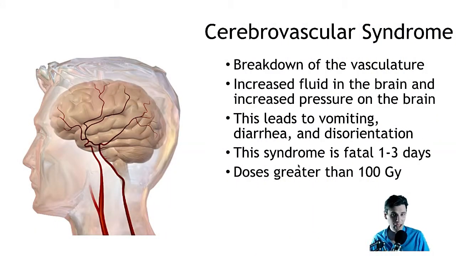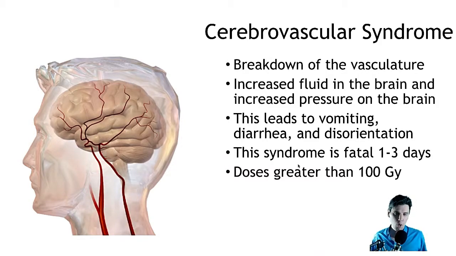Finally, the absolute worst of these cases, which is actually the least well known, is called cerebrovascular syndrome. Sometimes it's also referred to as central nervous system syndrome, or CNS. It's more appropriately called cerebrovascular syndrome because it has to do with the vasculature in the brain and not just the neurons in the brain.